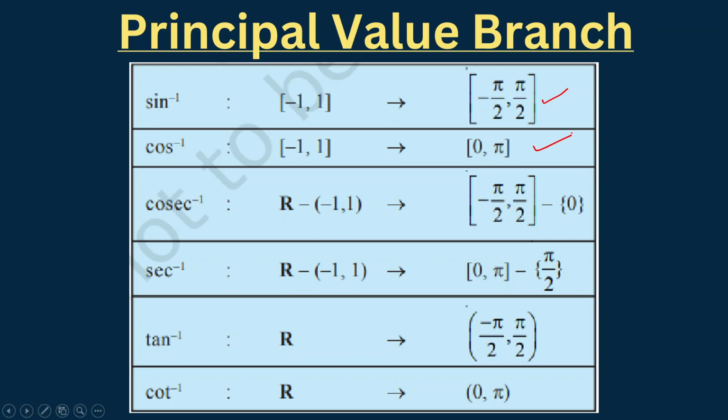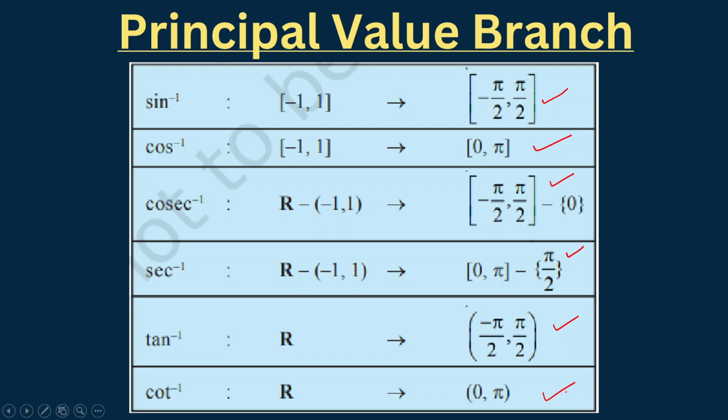For cosec inverse, the principal branch is minus pi by 2 to pi by 2, excluding 0. For sec, it is 0 to pi, excluding pi by 2. For tan, it is minus pi by 2 to pi by 2, where the interval is open, and similarly for cot it is 0 to pi in the open interval.